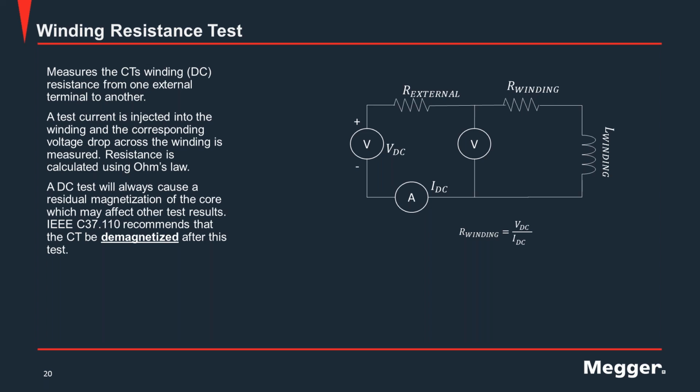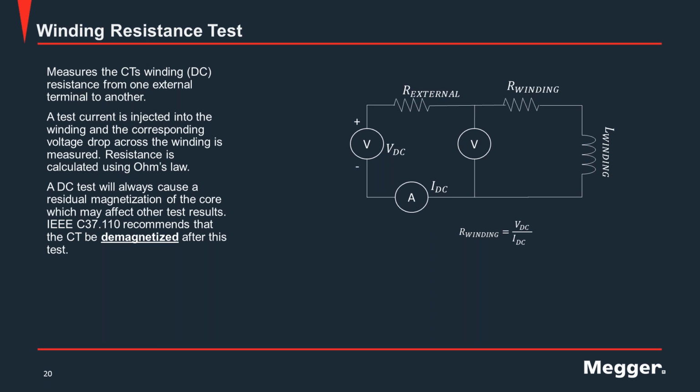So when we do the winding resistance test, we go from an external terminal on the secondary to another terminal of the secondary winding. With that, we inject a test current into the winding, and the corresponding voltage drop is measured, and we just use Ohm's law to calculate the resistance.